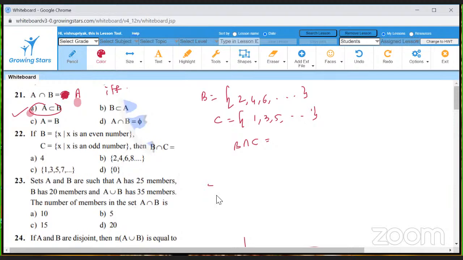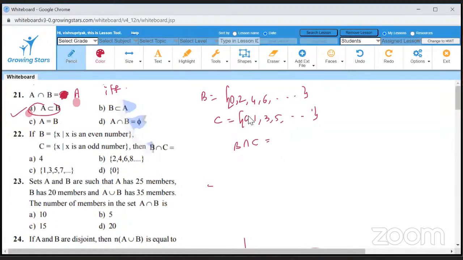Many of you have written D. Yes, it is correct. Because 0 is also counted as even only. 0 is also counted as odd.